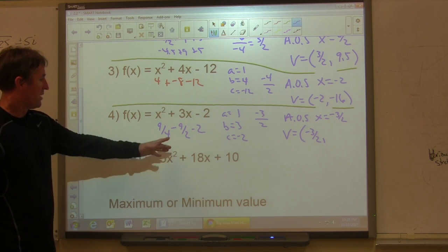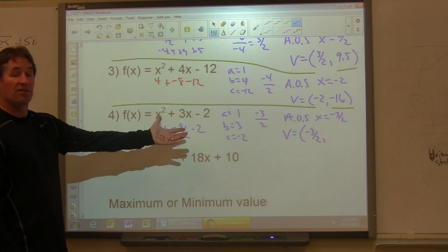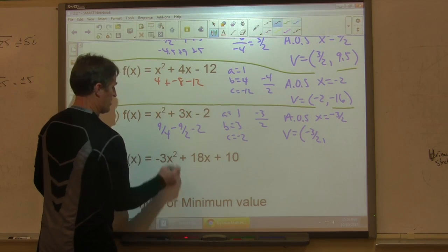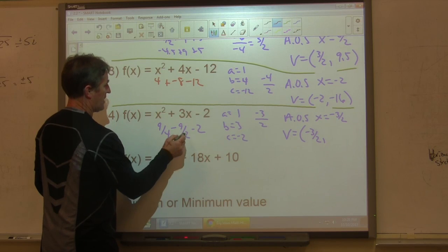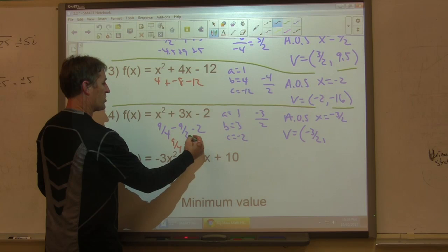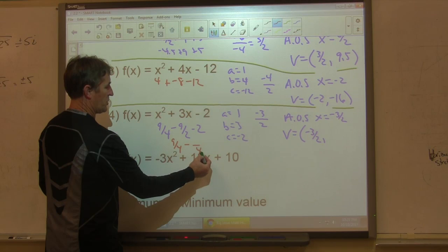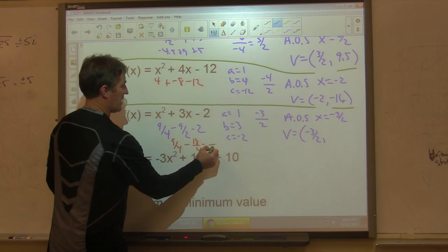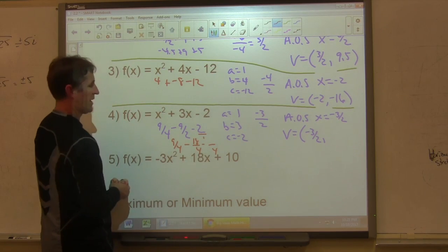Now, when you're doing fractions, remember you have to have a common denominator. So I'm going to change all of these to fourths. So the first one's going to stay the same. Since I have to change that to fourths, remember what you do is you say, oh, I have to multiply 2 by 2 to get to 4, so I multiply the top by 2, so that's 18. Now this, there's no number underneath it, so it's a 1.